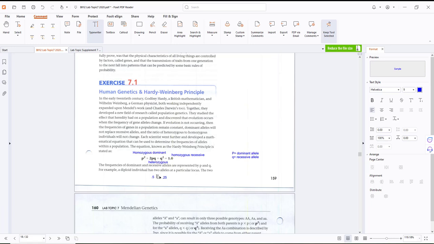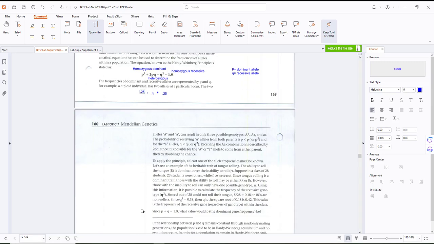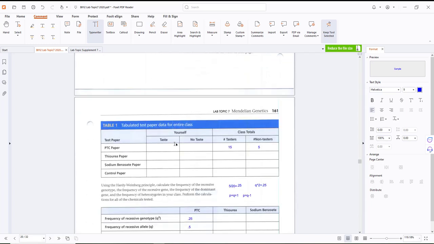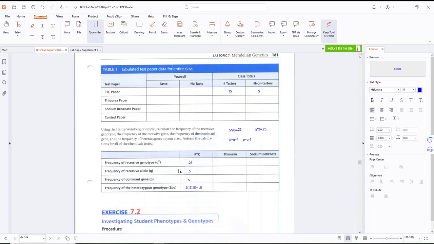So what must p squared be? It must also be 0.25, in order for it to equal 1. So you can always use the equation to make sure that your numbers make sense. I solved the first one, you have to solve the other two.